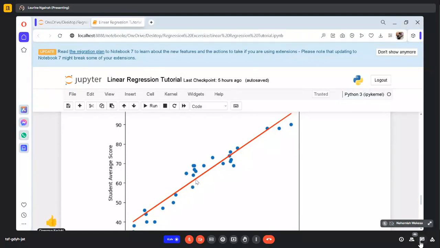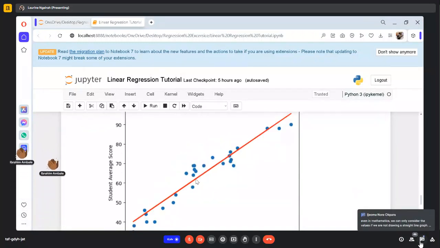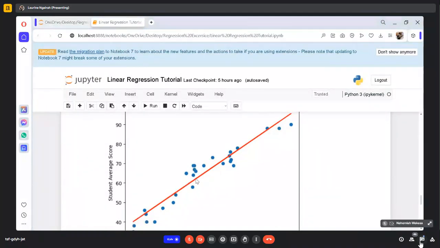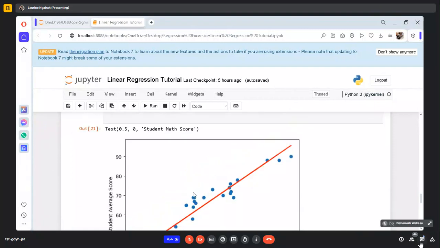So now, what people need to know is that we are simply interested in the distance between the blue points, which are the data points, and our line, not necessarily the majority of points passing through the line. The lower the distance, the better. And that is what y equals mx plus c is doing.